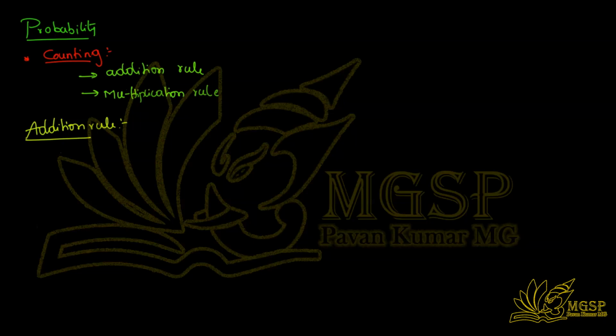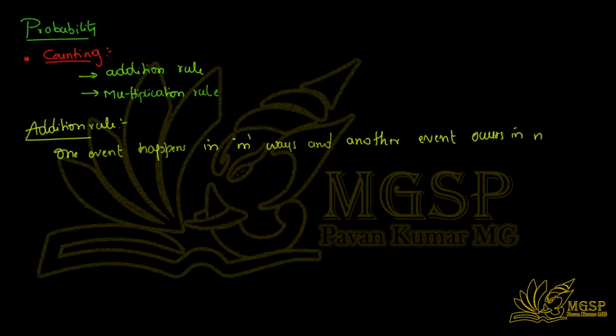Suppose one event happens in m ways, and another event occurs in n ways.